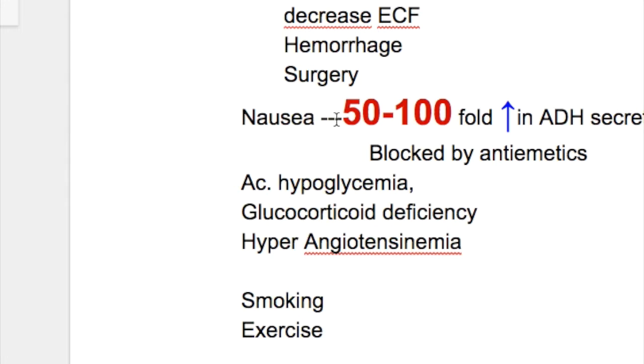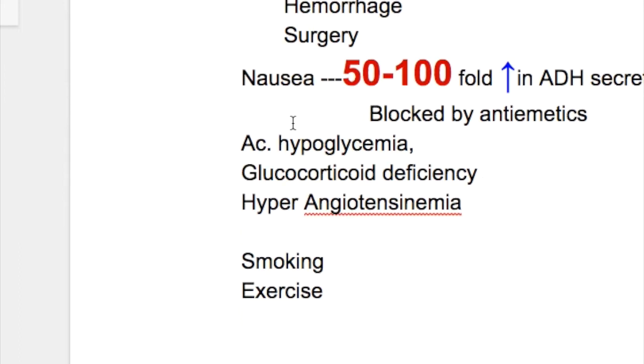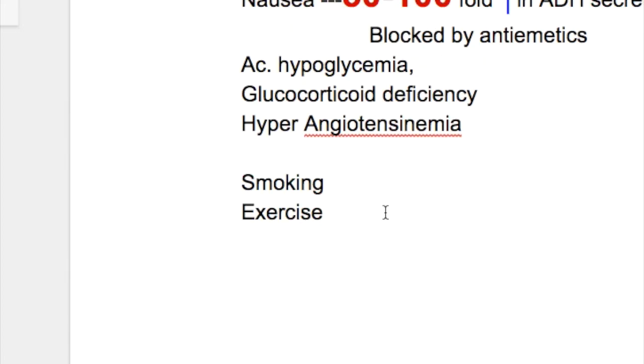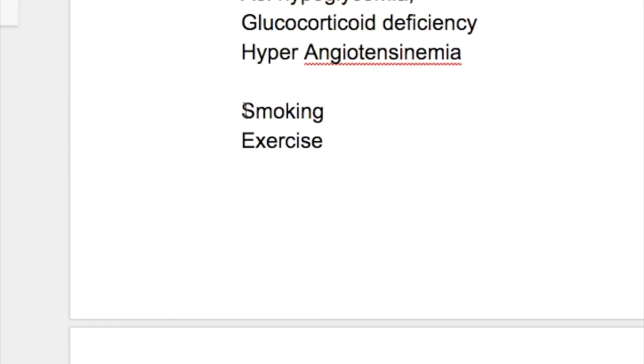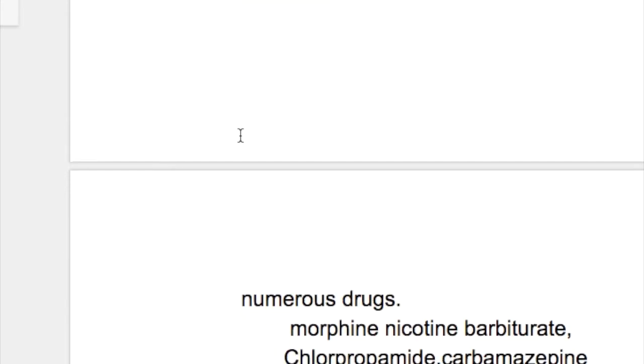Nausea increases ADH secretion by 50 to 100-fold, and this effect is blocked by antiemetics. Other factors that increase ADH production are acute hypoglycemia, glucocorticoid deficiency, and hyperangiotensinemia. The physiologic factors that increase ADH secretion are exercise and smoking.